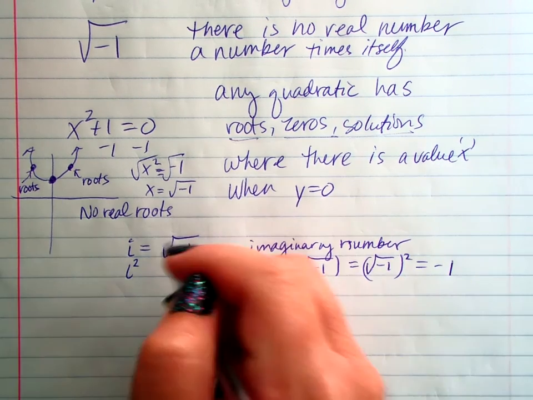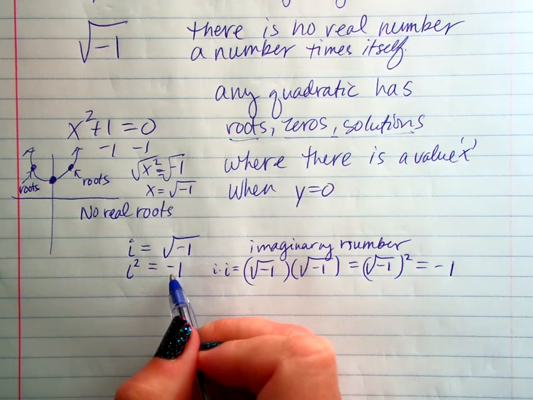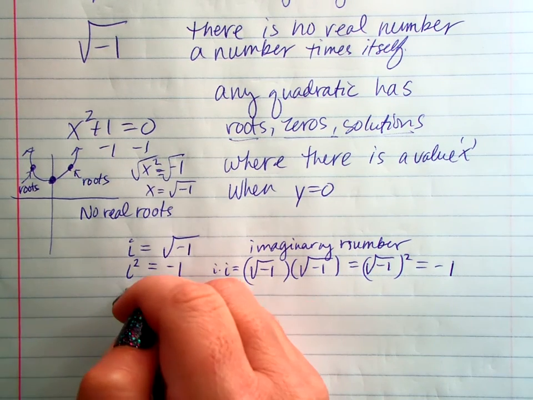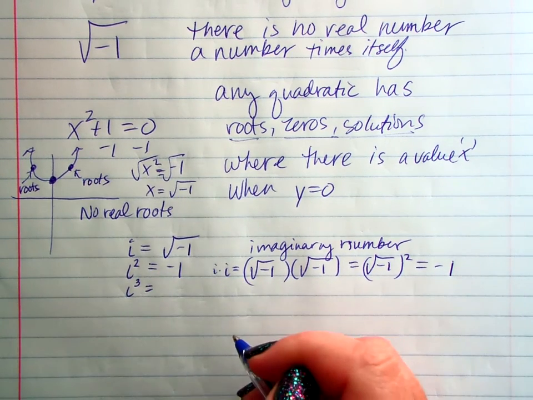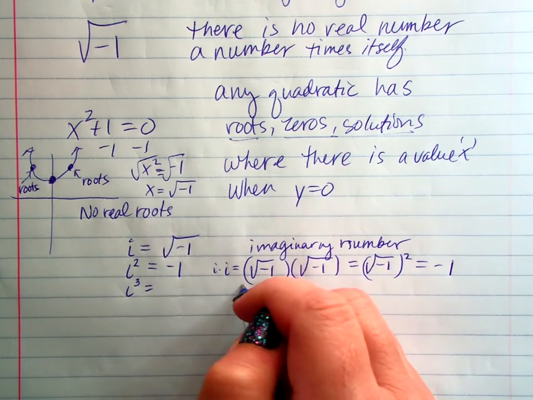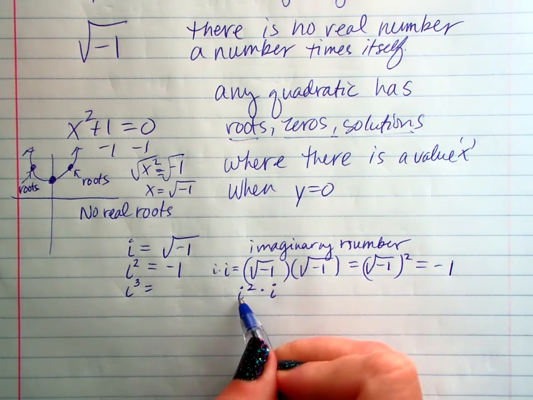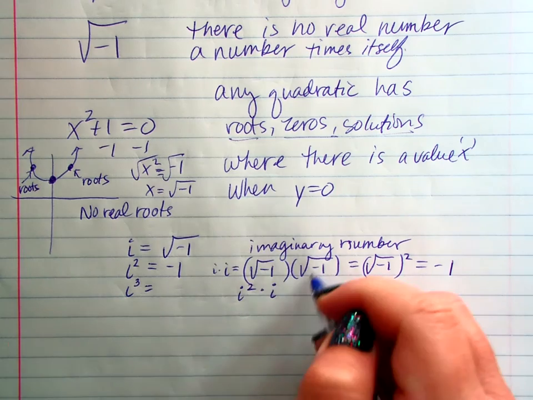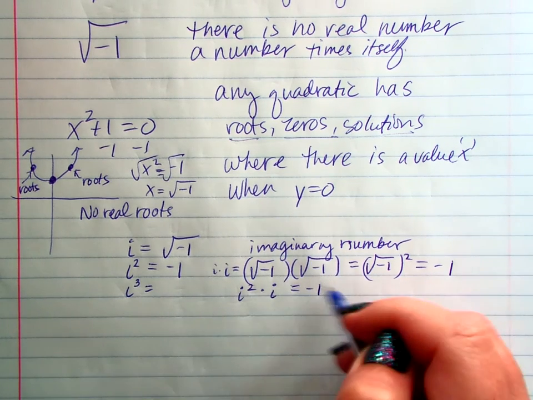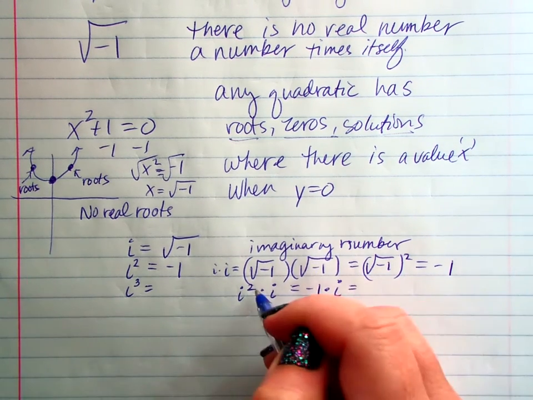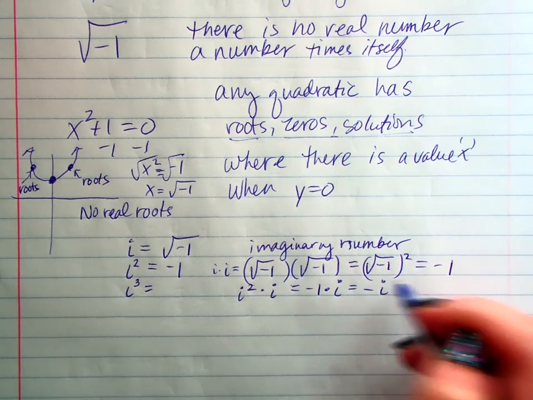So by definition, i squared equals -1. What about i to the third? i to the third could be rewritten as i squared times i. Well, we know that i squared by definition equals -1 times i, and so i to the third equals -i.